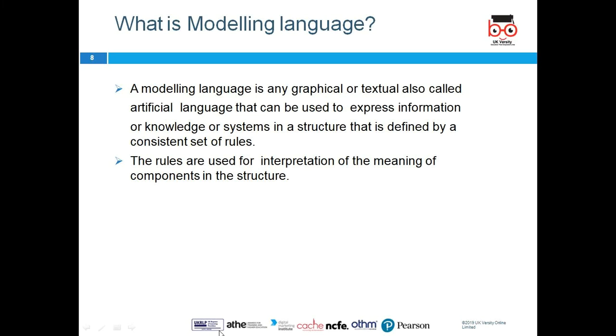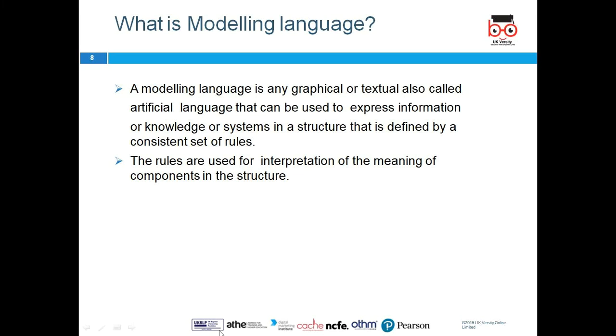So in software engineering, at its core, the first learning outcome is what the modeling languages are and what the benefits of the modeling language are. Now let us look at the definition first, and then you should be able to understand what a modeling language is.